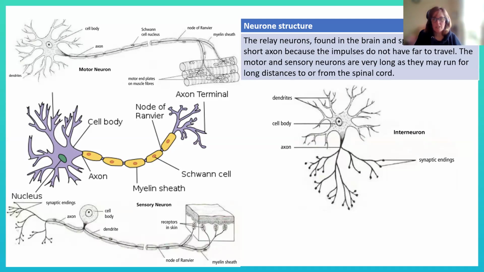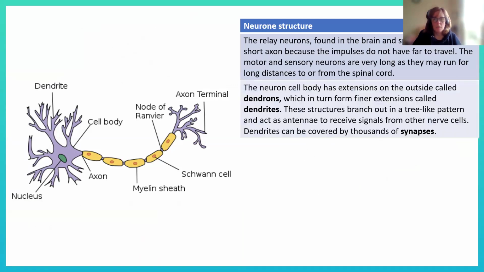So the relay neurons are found either in the brain or the spinal cord, but if it's a reflex response, really quick, it's in the spinal cord. They have a short axon because they don't need to travel very far. And then we see these big long axons in these other two neuron types that make up the nervous tissue.